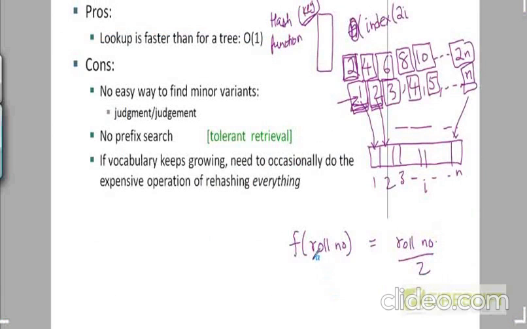If I want to find out where the record for a particular roll number is stored, I can just take half of that and I will get the index in this array where I need to look up to get information about that record.